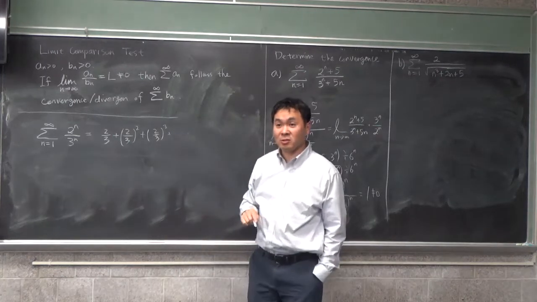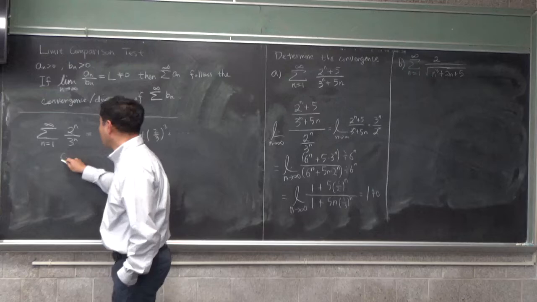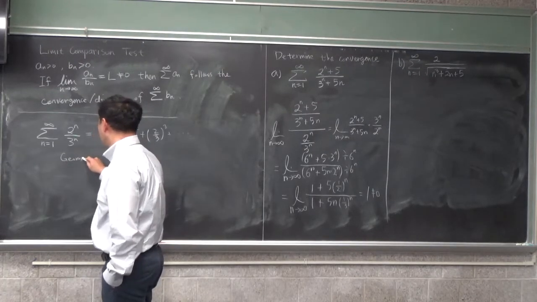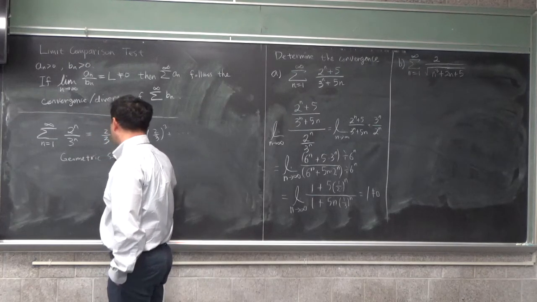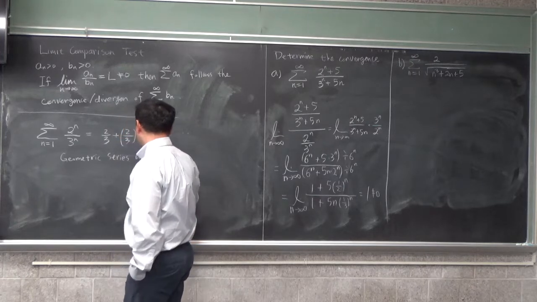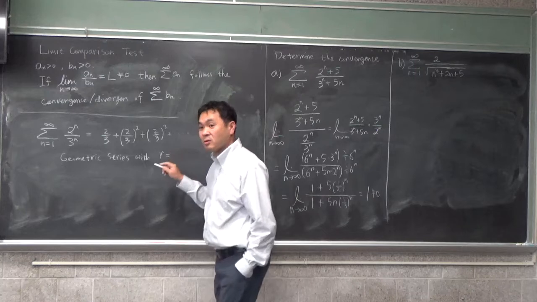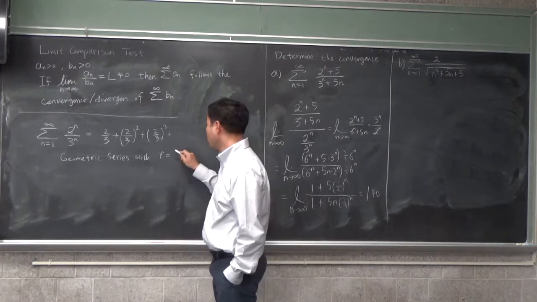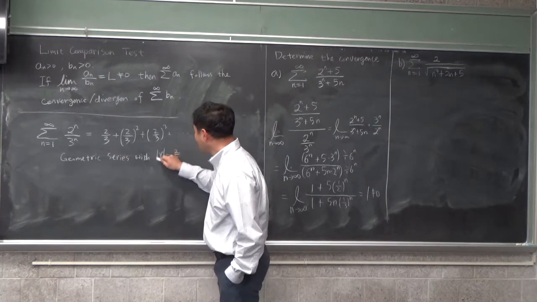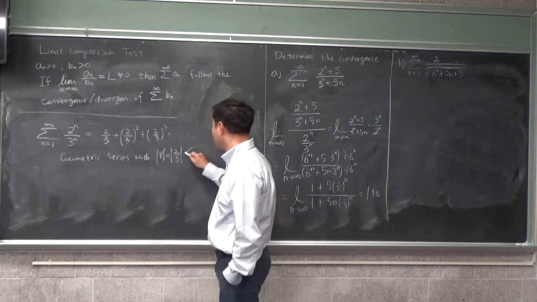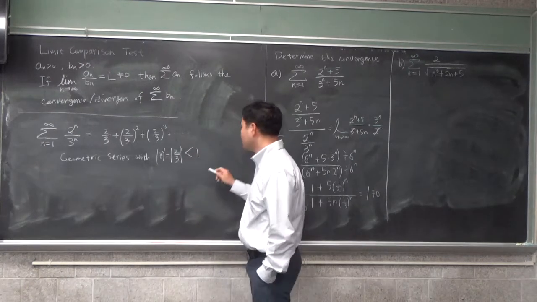This is a geometric series, right? Geometric series with r equals, common ratio is 2/3. And if the absolute value of the common ratio is less than 1, we know that it converges, right?